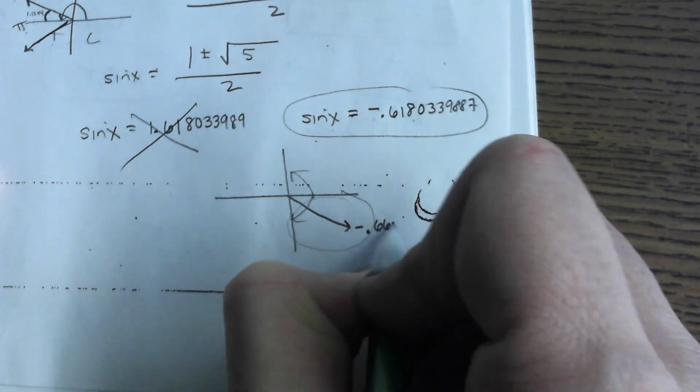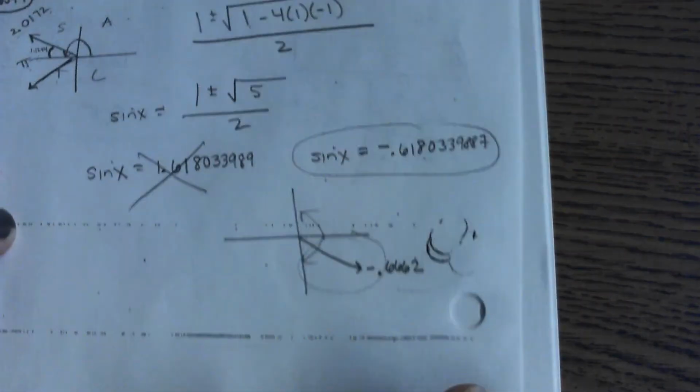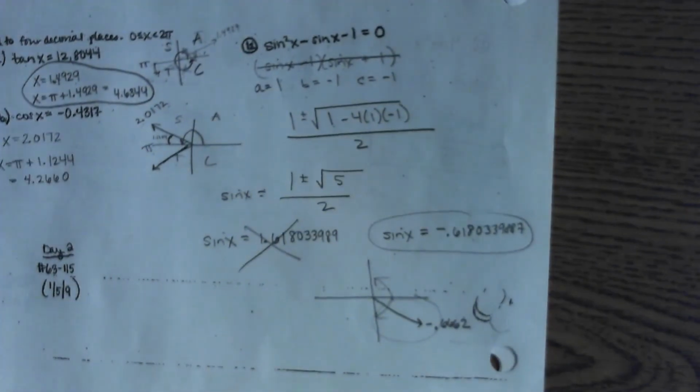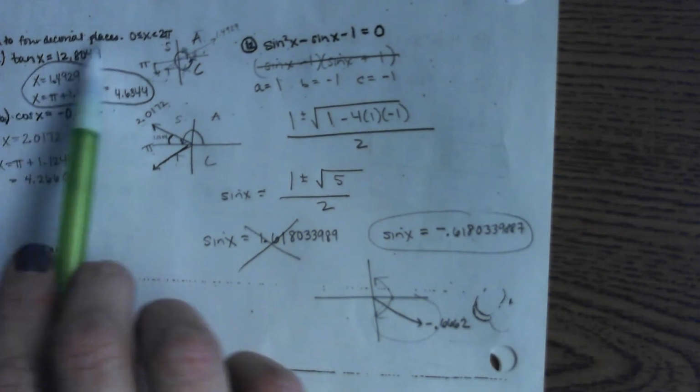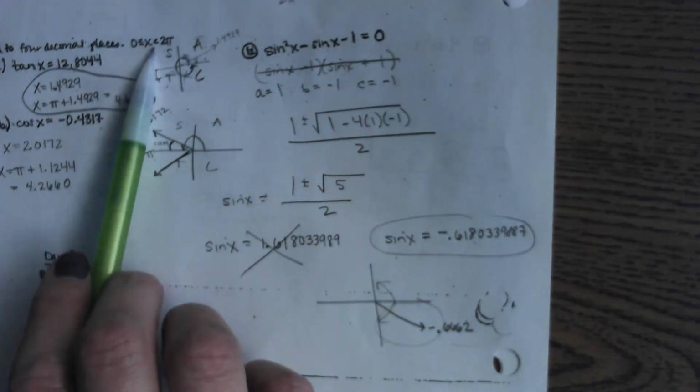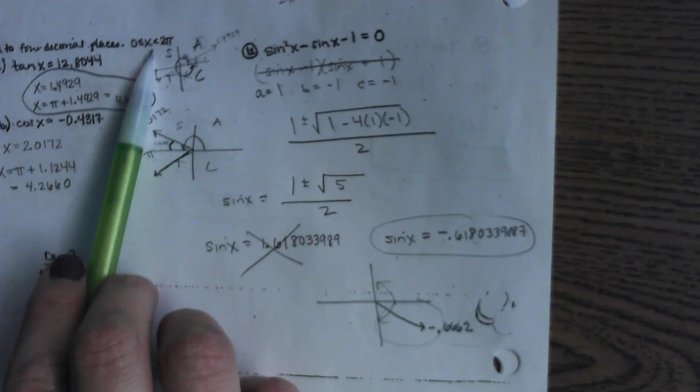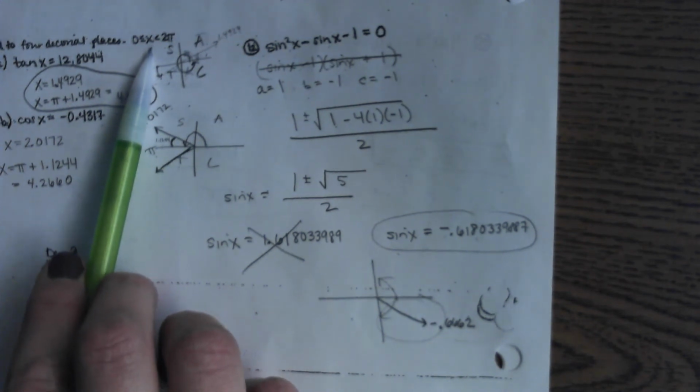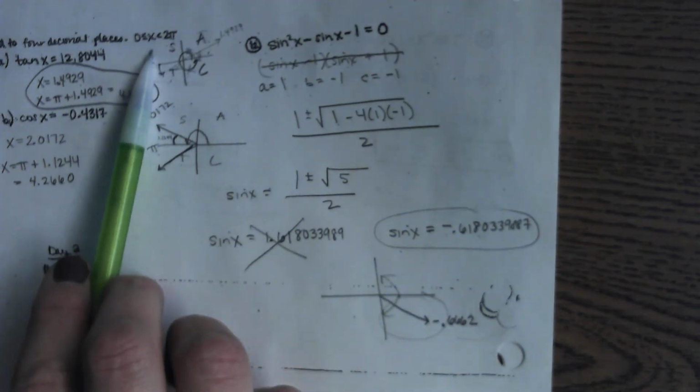Here's the second twist. Does anyone know what it is before I tell you? When they asked for our answers, they wanted all x answers that were between what? Right.